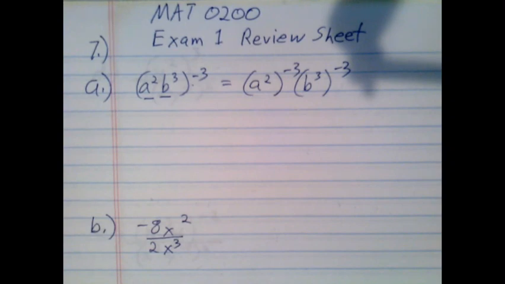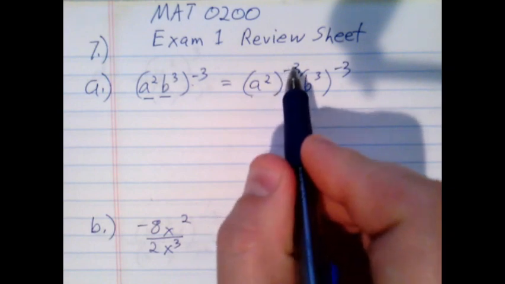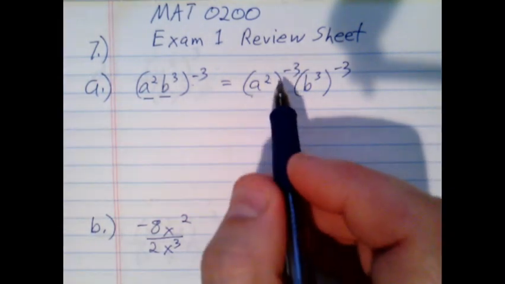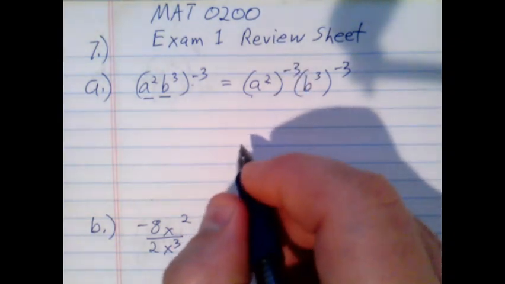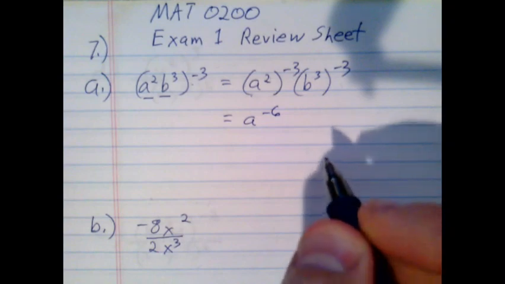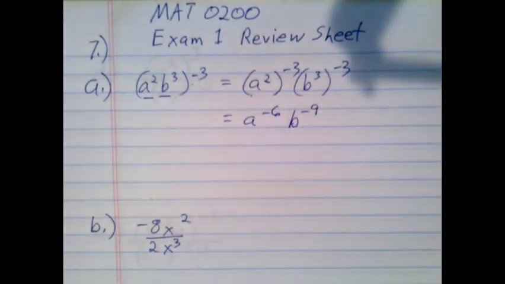Now I'll make use of the rule that says if I have a base raised to a power, but then the whole thing is raised to another power, I can multiply those powers. So 2 times negative 3 is negative 6, so I get a to the negative 6, and likewise I get b to the negative 9.